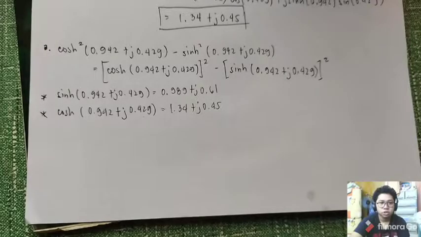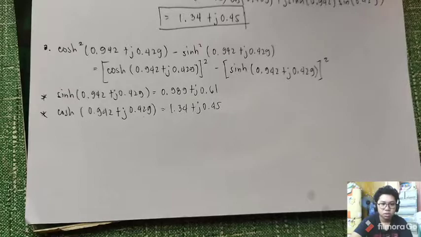For our third example, we have the difference of the squares of the given from example 1 and example 2. And since we have calculated the given for both the sine hyperbolic and cosine hyperbolic, it is now easy to determine this value.